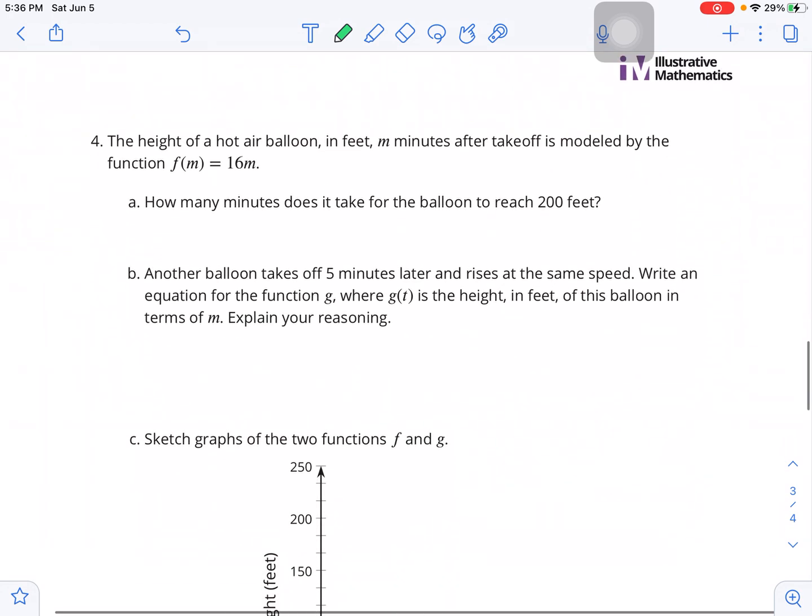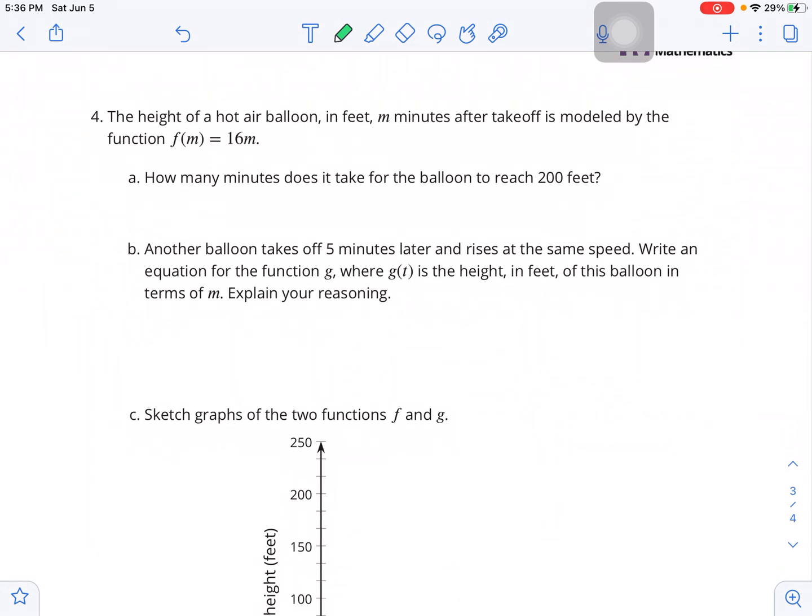Number 4, the height of a hot air balloon in feet m minutes after takeoff is modeled by the function f of m is equal to 16m. How many minutes does it take for the balloon to reach 200 feet?